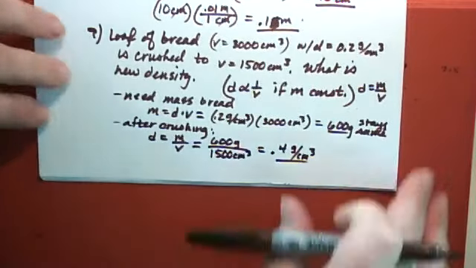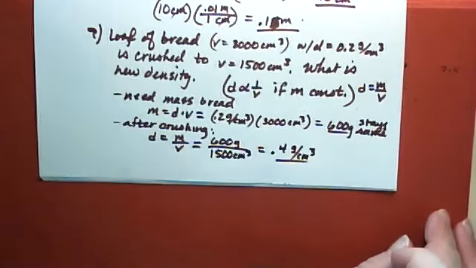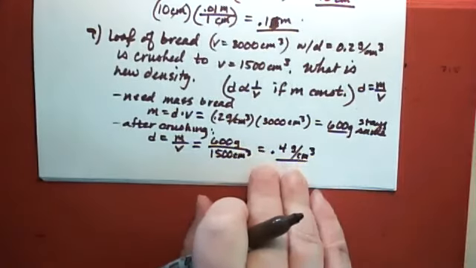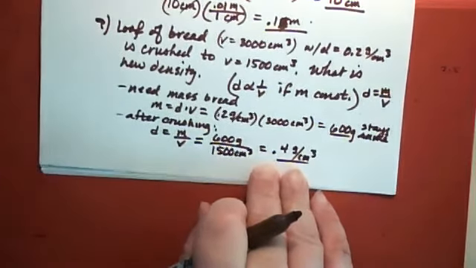So just as we suspected. Now, we could do this easily without the math, because the volume changed by such an obvious factor, cutting it in half. If it were some other factor, then you'd want to do the math, definitely.